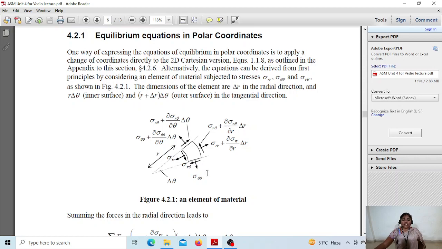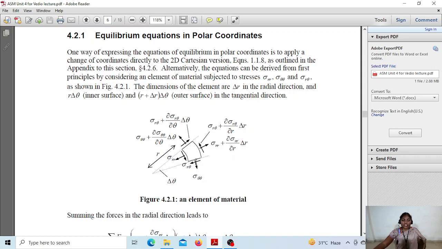Now let us take the stress distribution pattern. In one direction it is sigma rr, so naturally the opposite face will be subjected to a little more stress: sigma rr plus dou sigma rr by dou r into delta r. This dou sigma rr by dou r into delta r is the extra stress in the radial direction.